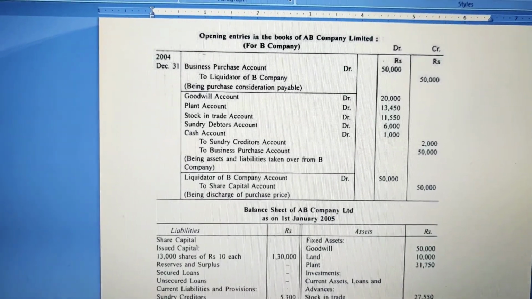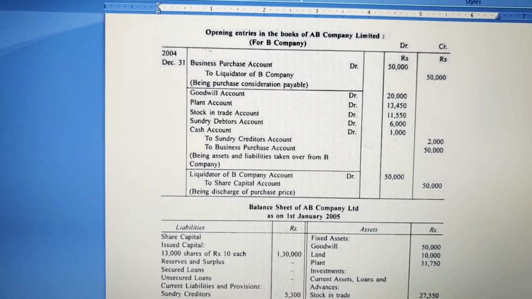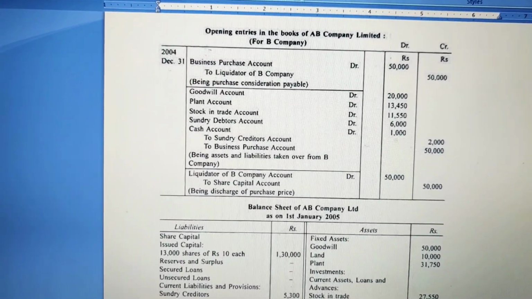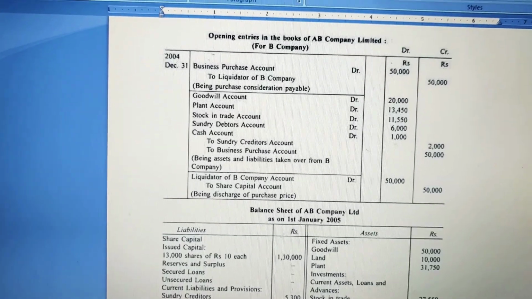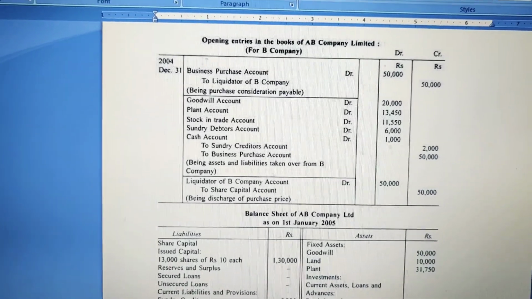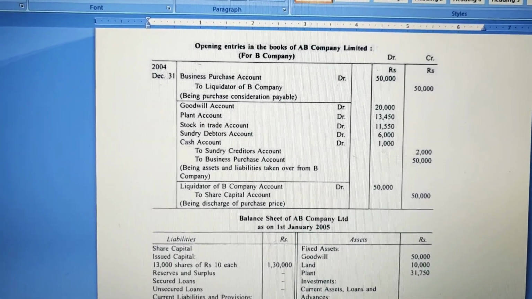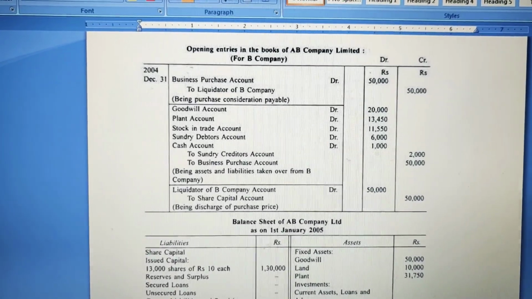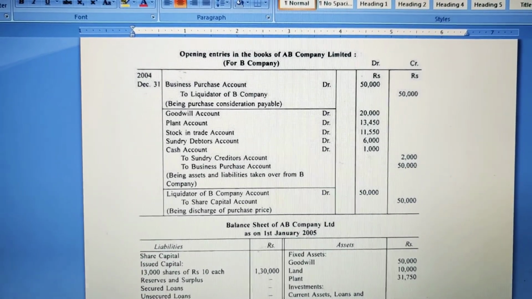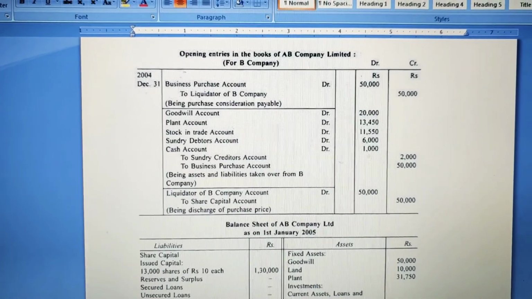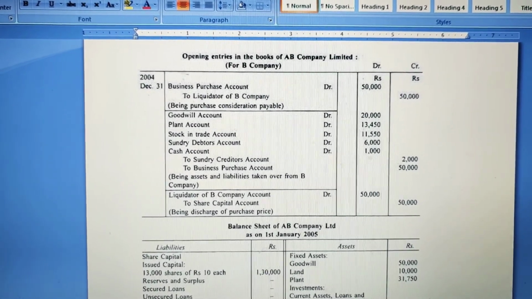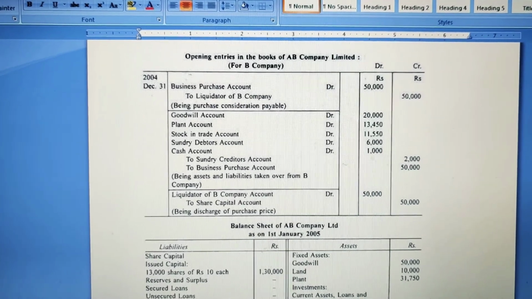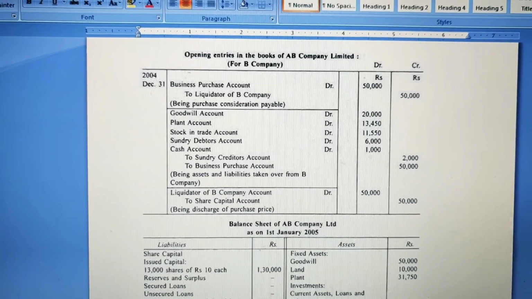What we did: goodwill and all the assets, as they are increasing in the business, we are debiting them, and the creditors, the liabilities, are obviously increasing, so we are crediting them. And the share capital account, obviously it is a capital, so if the capital increases, what do we have to do, debit or credit? Obviously credit, so share capital account is credit.